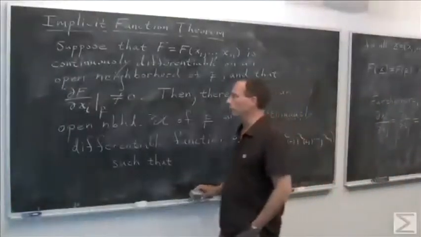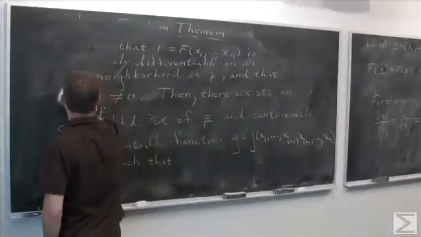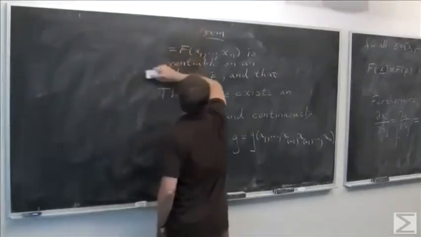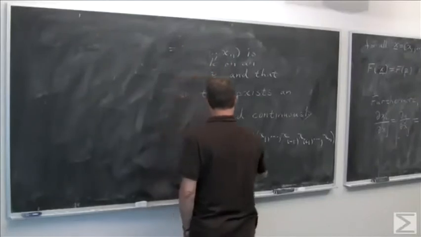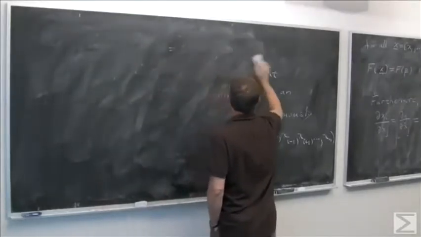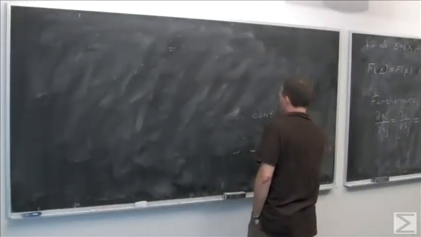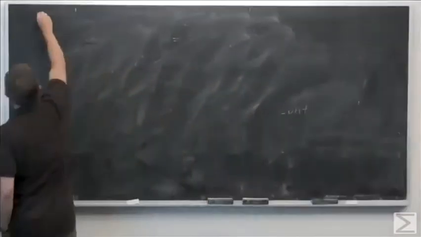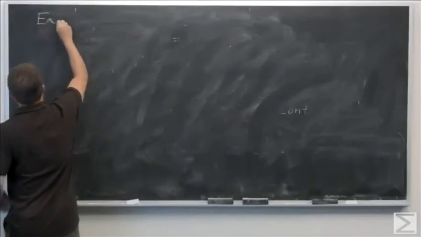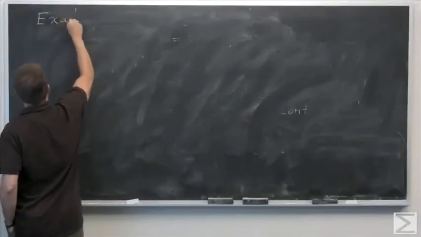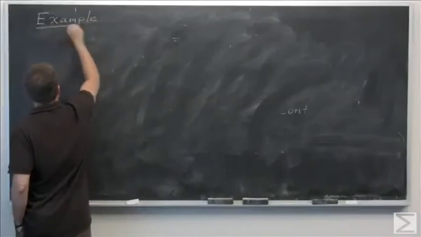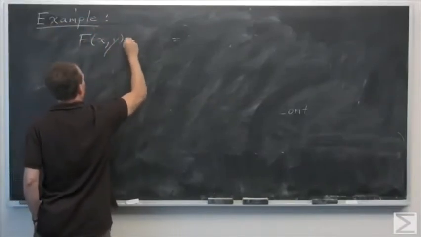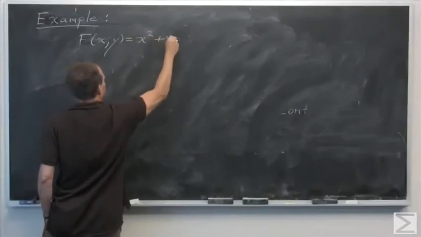So let's return to our simple example of the circle of radius 1, centered at the origin. So let's go back to the example. So come back to f of xy is x squared plus y squared.